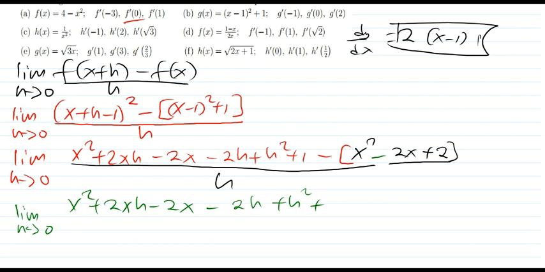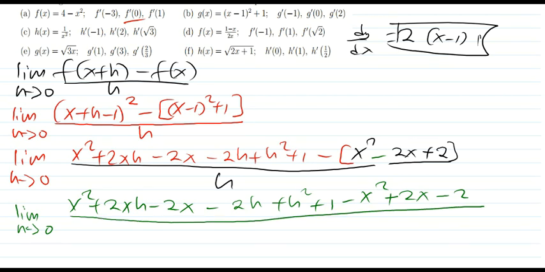Okay, we have plus 1, then minus x squared plus 2x minus 2, everything divided by h.